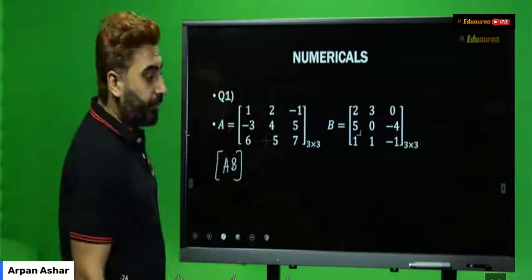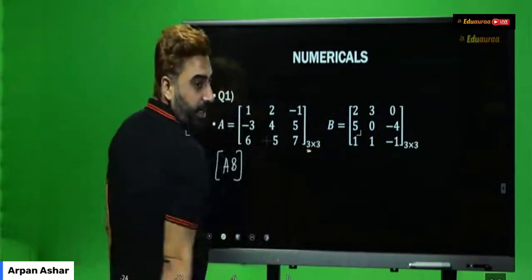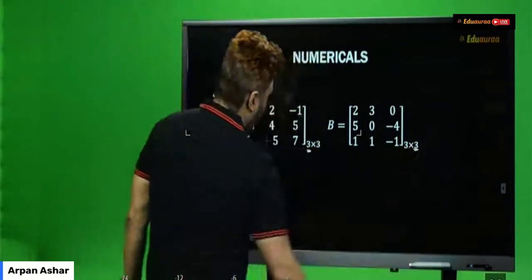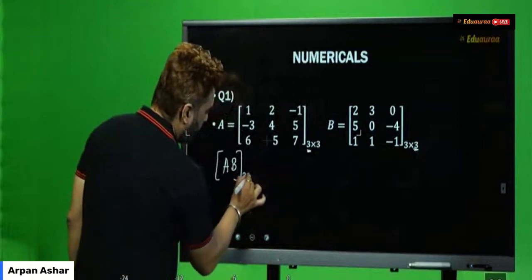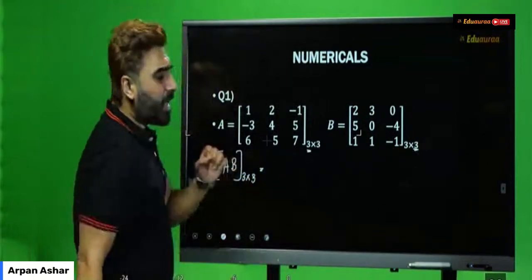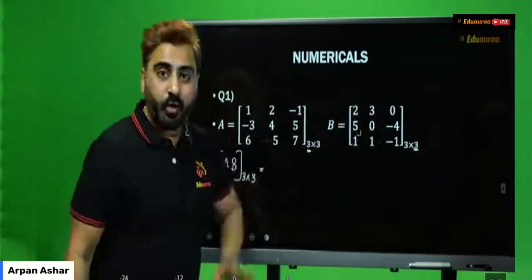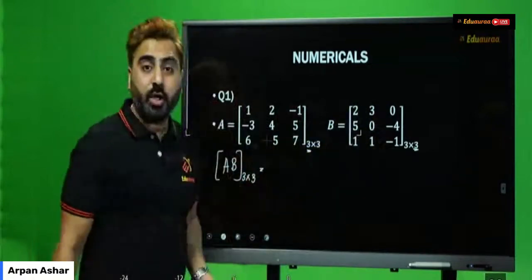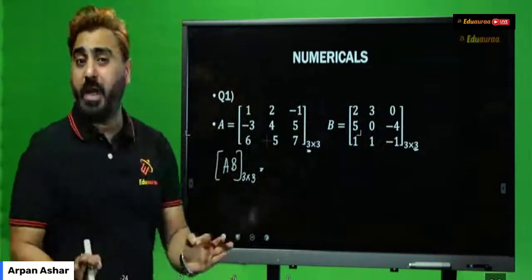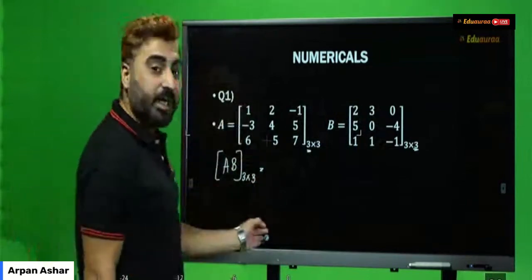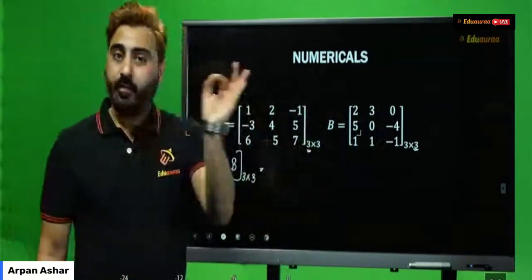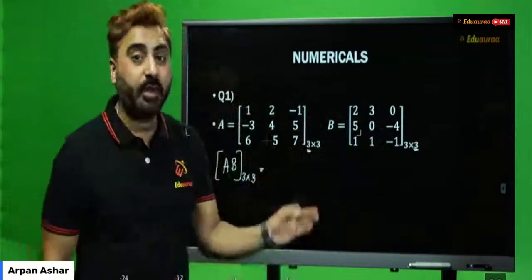What will be the order? ये 3 और ये 3, that means 3/3. Now condition match हुआ, column of first same as row of second, नए मैट्रिक्स का ऑर्डर मिल गया, that is 3/3. How many elements? 9 elements. Which elements? 11 12 13, 21 22 23, 31 32 33.